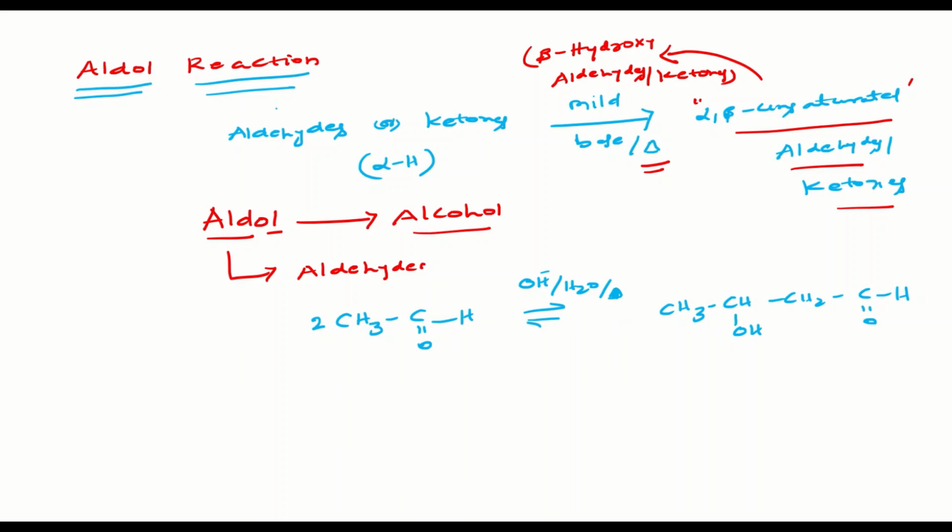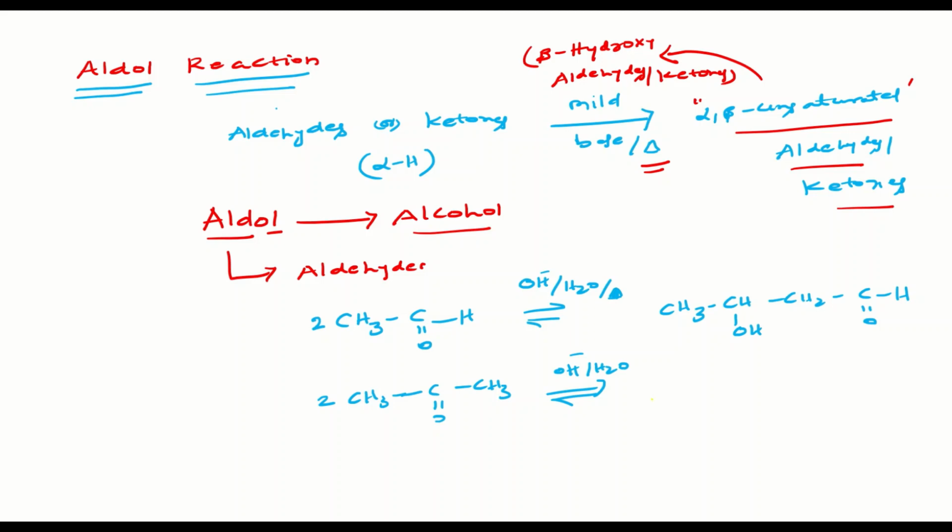But in the case of ketones, for example, if I take a ketone containing alpha hydrogen, the best example is acetone. If I use the same condition, OH minus and water, the basic medium followed by water, here also you get beta hydroxy ketone, but the conditions shift the equilibrium towards the left side.